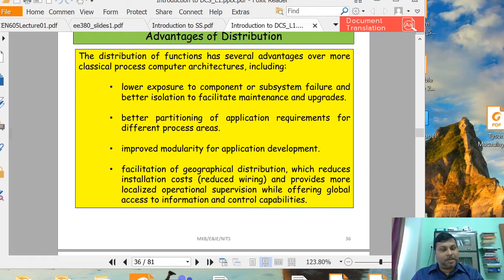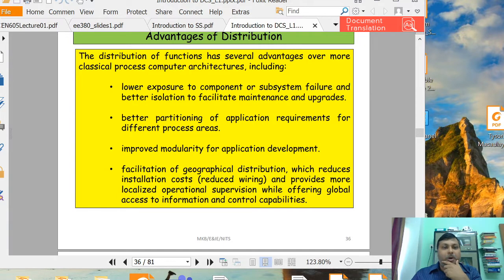Every module has different applications, so you can do the application development module-wise. Then next is the facilitation of geographical distribution, which reduces installation cost, reduces wiring, and provides more localized operational supervision while offering global access to information and control capabilities.